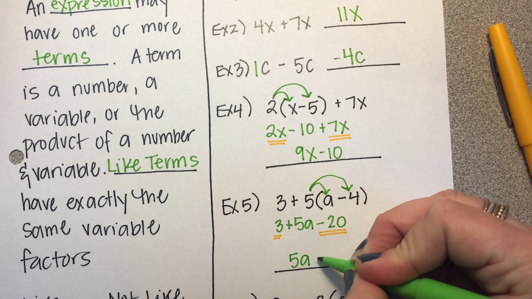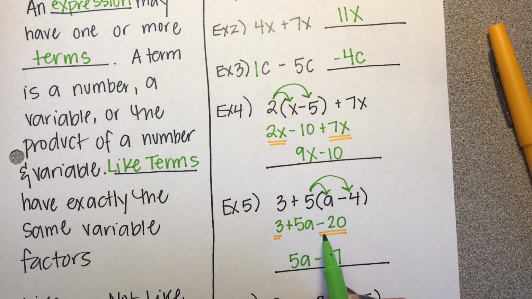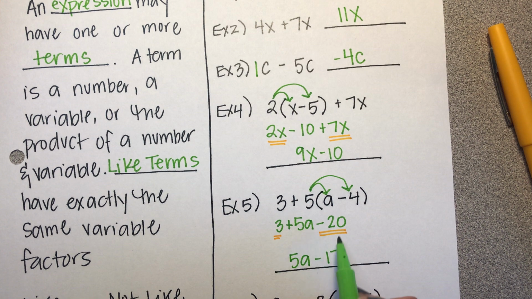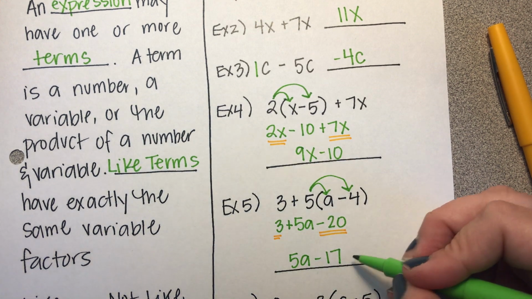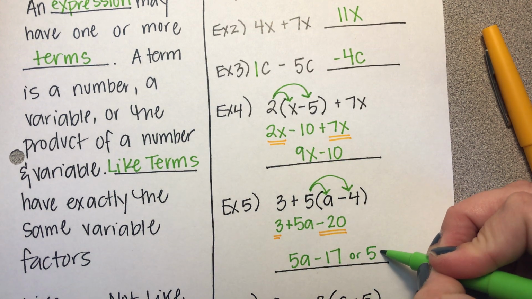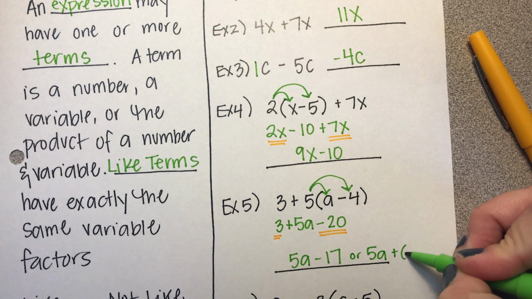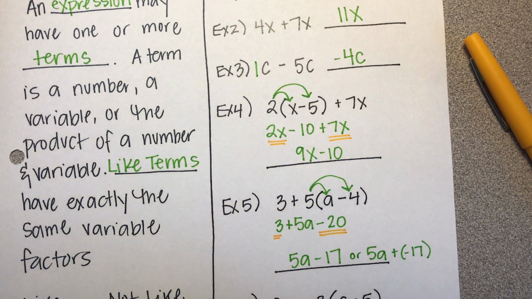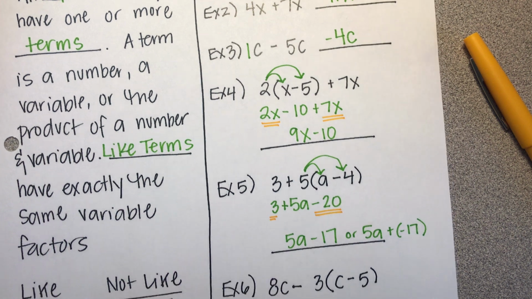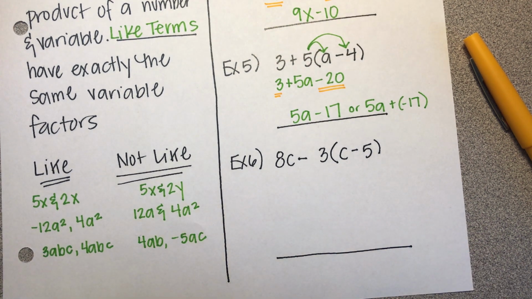Nope. So it's just 5a minus 17 because 3 minus 20 is negative 17. If it makes more sense to you to write 5a plus negative 17, that means the exact same thing as 5a minus 17.